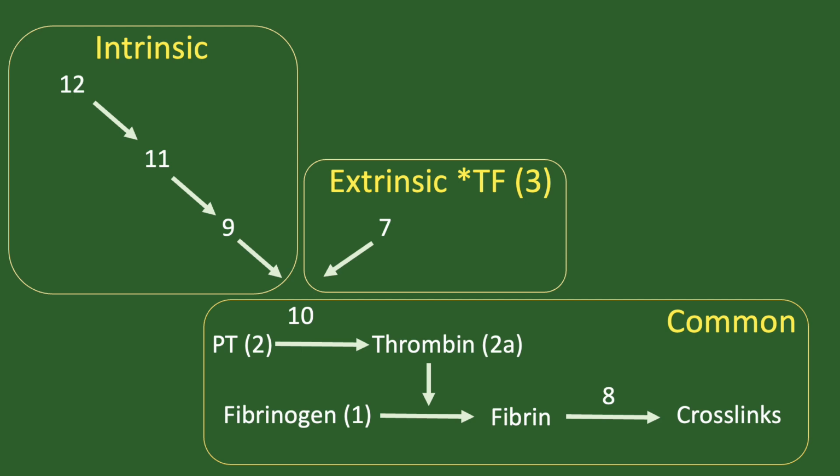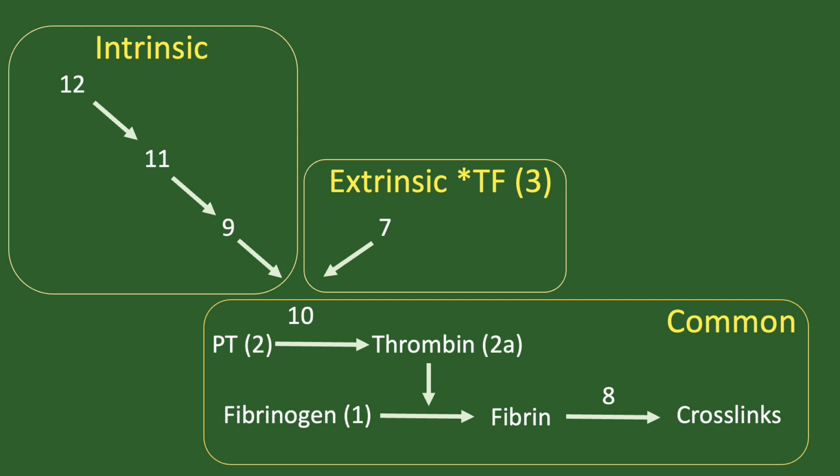Both extrinsic and intrinsic pathways lead to the activation of factor 10, forming factor 10A. Factor 10A then cleaves factor 5 to 5A, and factor 10A plus factor 5A and calcium convert prothrombin, factor 2, to thrombin, 2A.